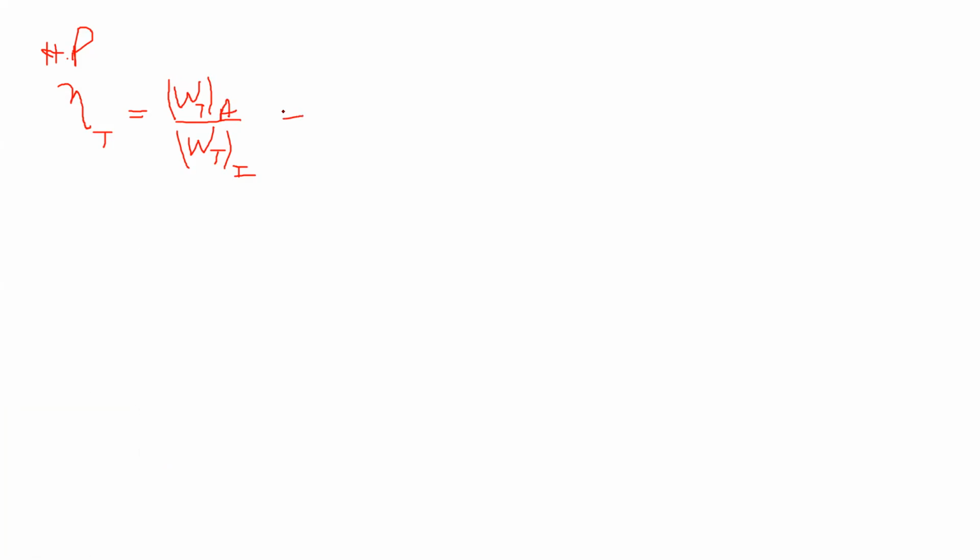For this, you have to write an equation. Here, the actual work done of the turbine is H1 minus H2 dash, divided by the ideal work done of the turbine, H1 minus H2.